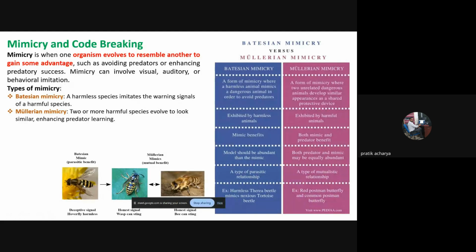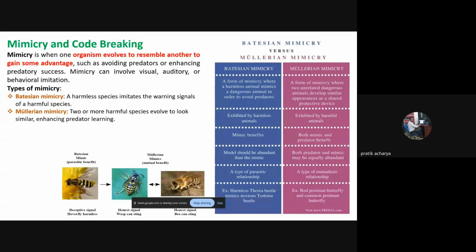So this condition is known as Batesian mimicry. In Mullerian mimicry, two or more harmful species evolve to look similar, enhancing predator learning. In Batesian mimicry, the mimic benefits, but in Mullerian mimicry, both the mimic and the predator benefit.